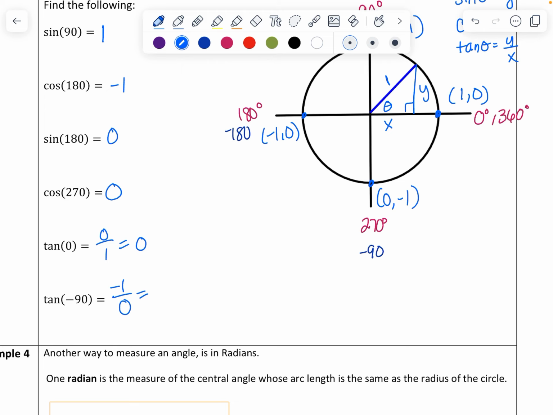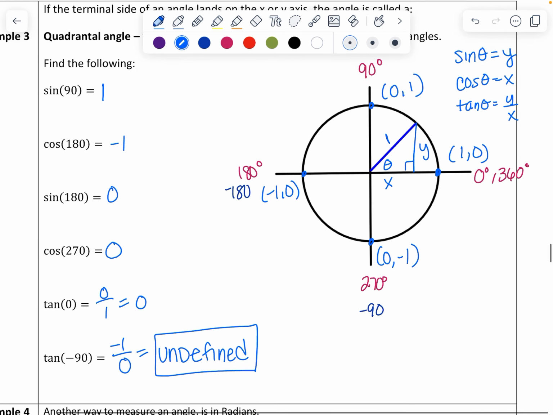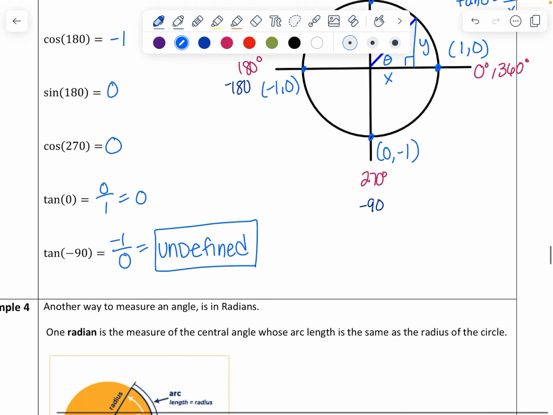But you can't divide by 0, so tangent of -90 is undefined. Okay, so those are our quadrantal angles, and we can use the unit circle to help us easily evaluate those functions quickly.